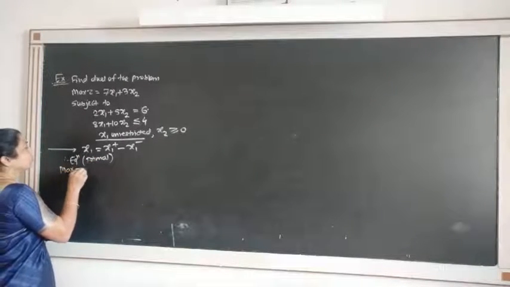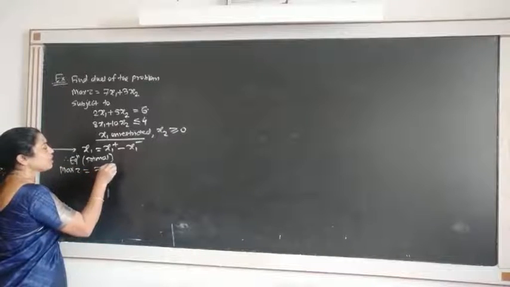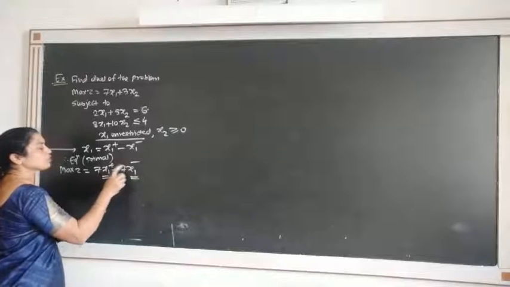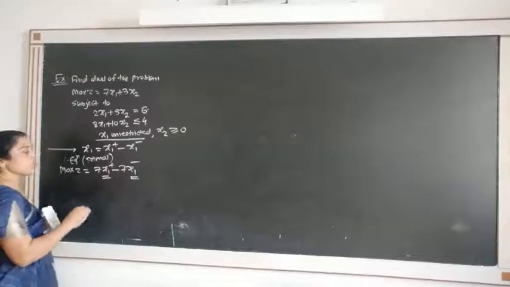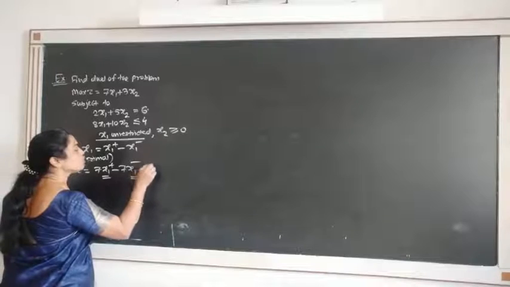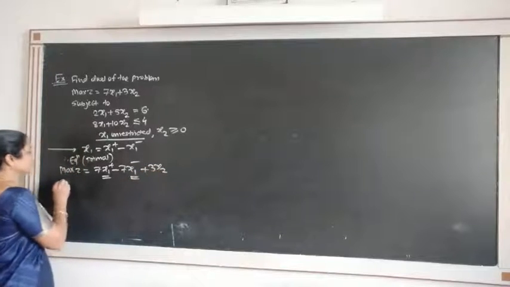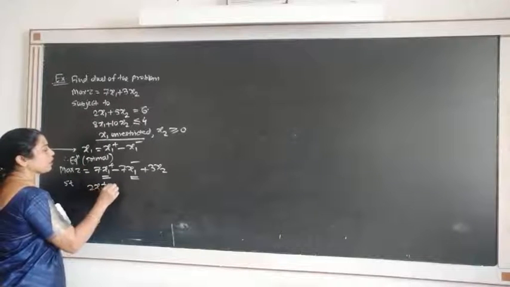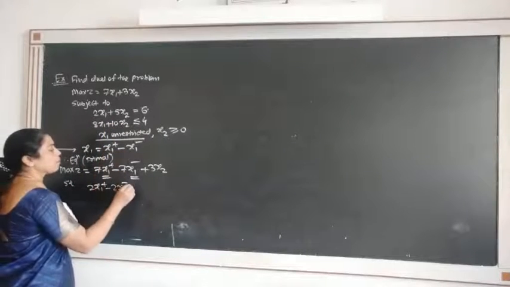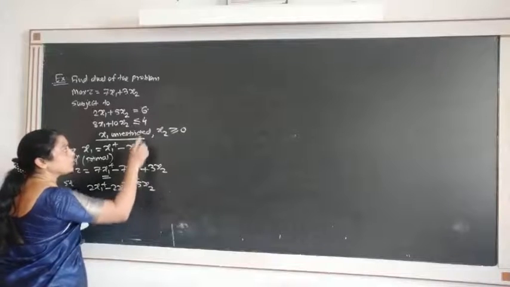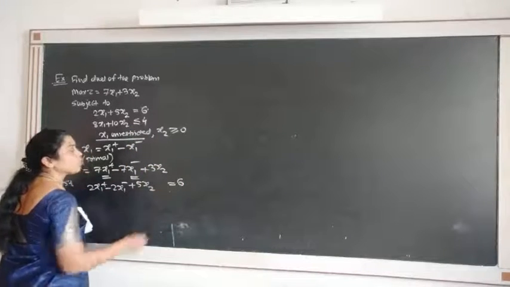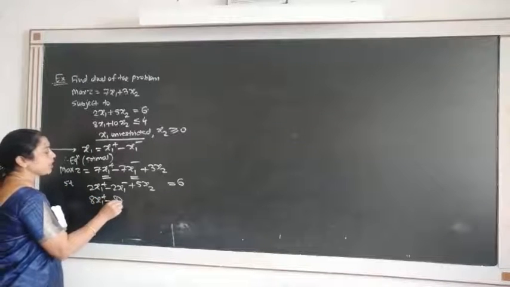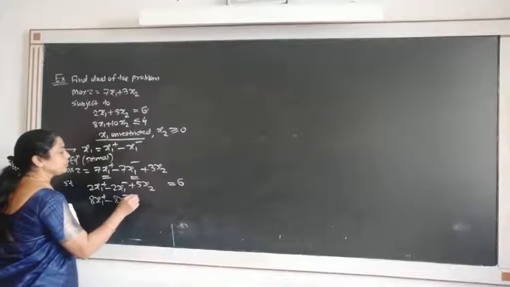maximize z = 7x1+ − 7x1− + 3x2, where x1 is written as the difference of x1+ and x1−, both greater than or equal to 0, subject to constraints 2x1+ − 2x1− + 5x2 = 6, which is already an equality, and 8x1+ − 8x1− + 10x2, we have to add a slack variable, say x3, = 4. I will write 0x3 in the objective, and all the decision variables x1+, x1−, x2, x3 are greater than or equal to 0.